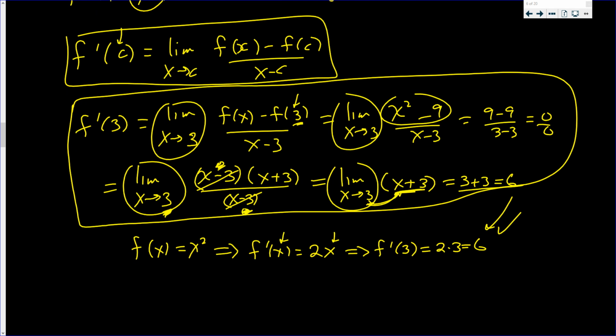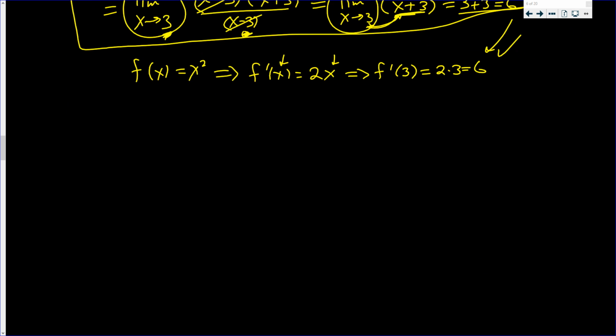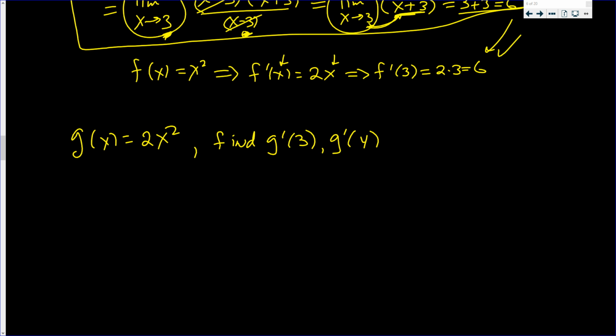Okay, let us try another one. Suppose I told you that g of x is 2x squared, and I say find g prime of some numbers, 3, 4, and 5, using the alternate derivative formula. Now notice something.